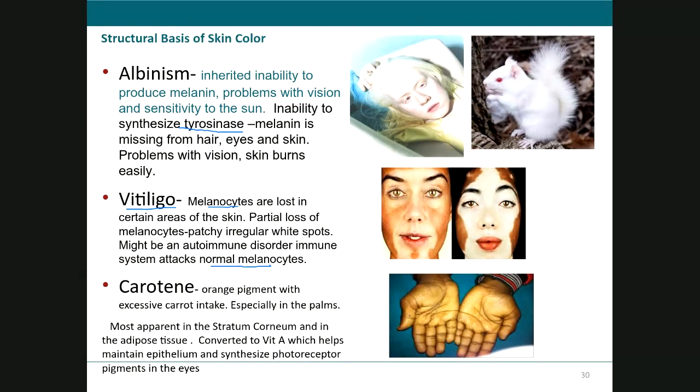Carotene is an orange pigment. Often you could see this in areas like, for example, the palms of our hands. And this is very prevalent in those who are eating too many carrots or vegetables in that respect. And therefore, the carotene becomes deposited in adipose tissue.